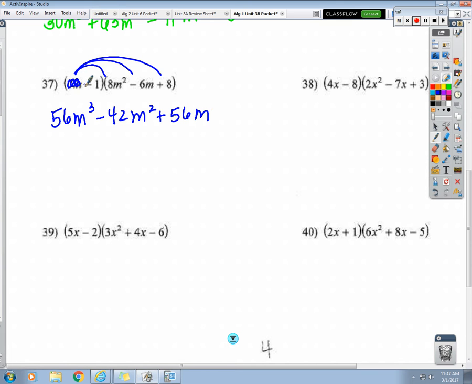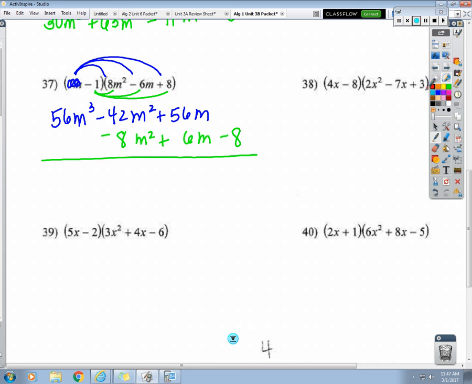So now I'm done with the 7m because I distributed it to everything over there. Now what do I need to distribute to everything in that trinomial? So negative 1 times 8m squared, negative 1 times negative 6m, and negative 1 times 8. What will they get? Positive 6m and negative 8.